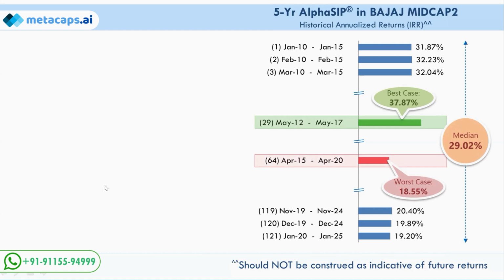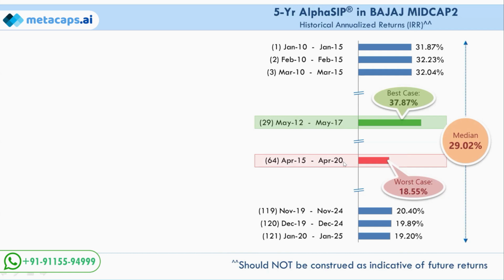Worst case so far has been 18.5%, best case 37.87%, median case is 29%. So if you complete 5 years, historically the worst case so far has been 18.5. Worst case was April 15 to April 20. That means your 5-year SIP is ending in the middle of COVID.